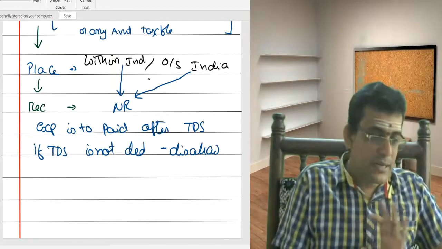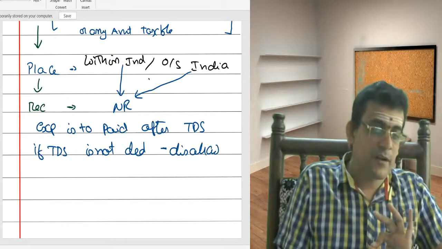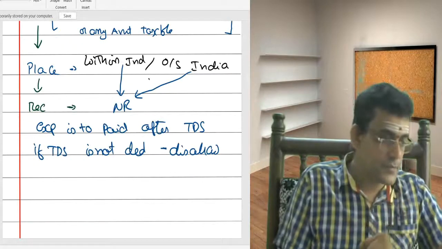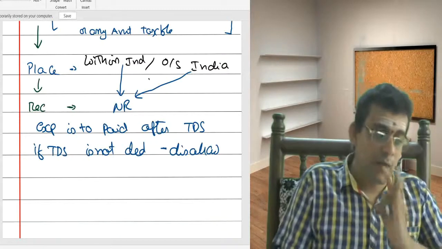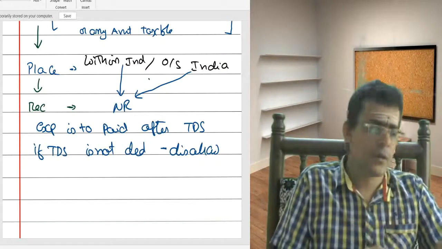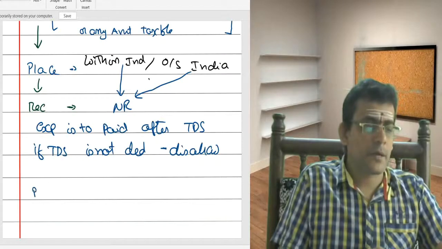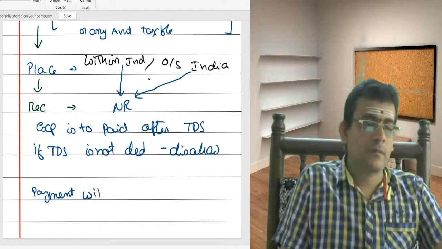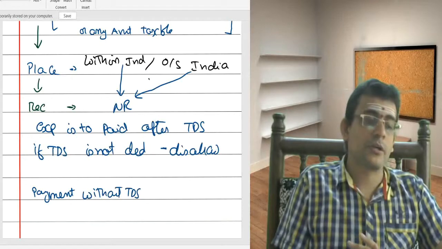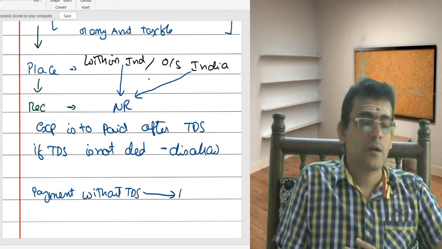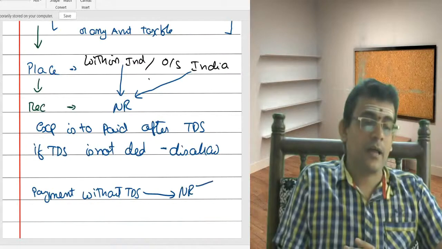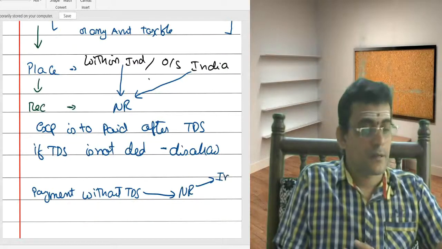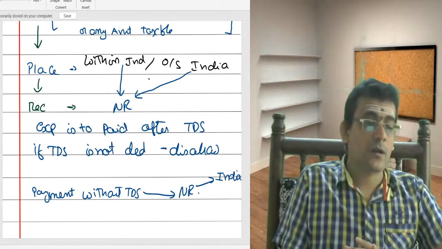Now, to put it in a precise, simplified manner, let me write this section in the following way. Let us see, what you are doing? You are making payment without TDS, to a non-resident, where either the non-resident is in India or outside India.